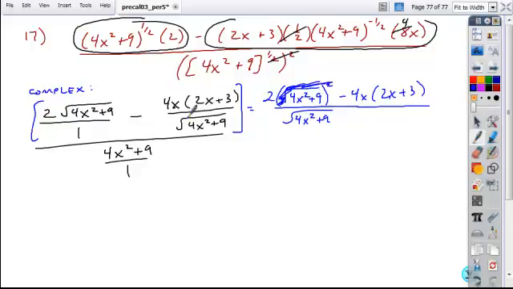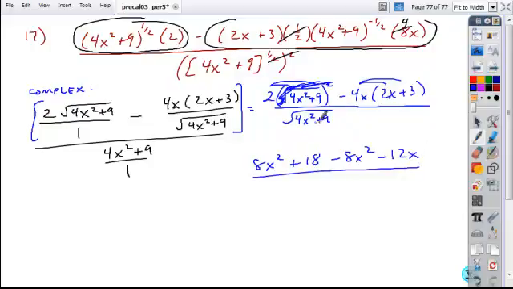Okay. So if we continue to simplify this, we'll distribute our 2 here. So we get 8x squared plus 18, distribute our negative 4, minus 8x squared minus 12x, all over root 4x squared plus 9. So here our 8x squareds cancel.